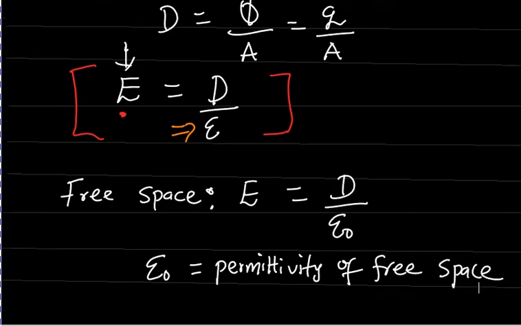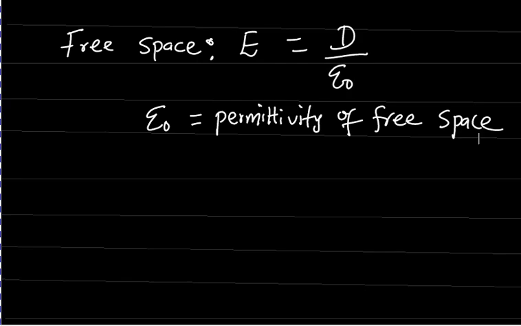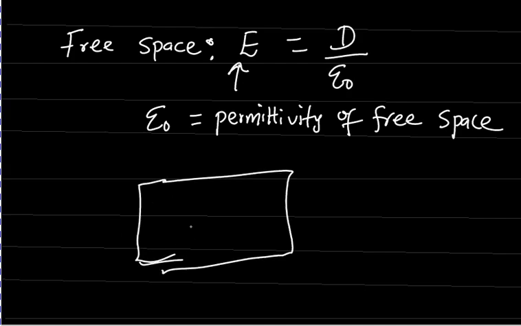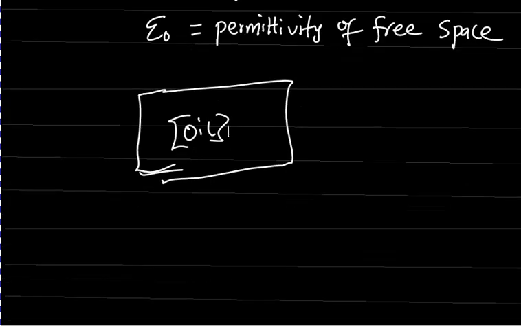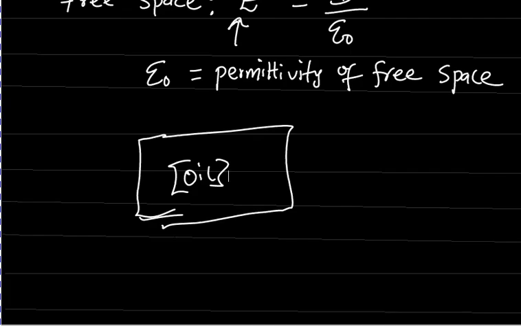But if the medium where this electric field is being measured is not free space, let's say it is inside oil, it's not just air, oil is filled in that particular region, then what you're going to measure is not the permittivity of free space.